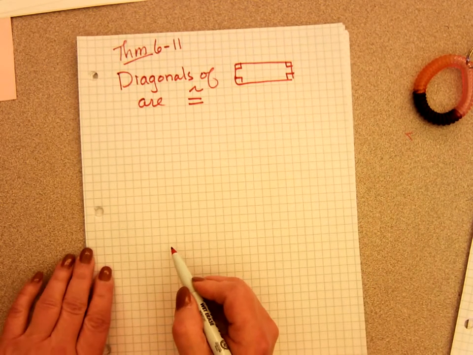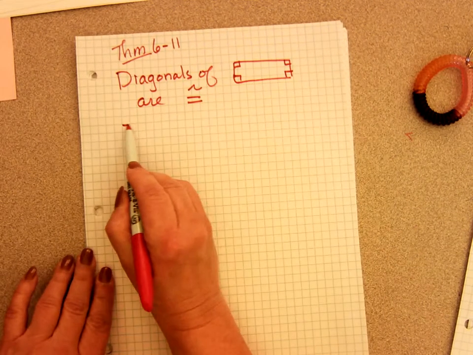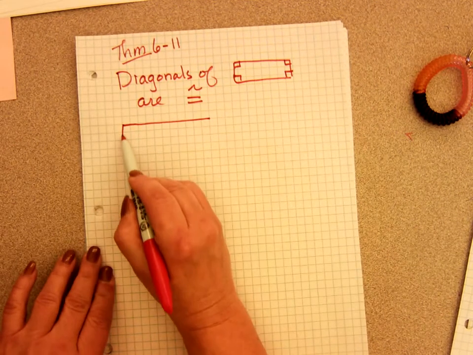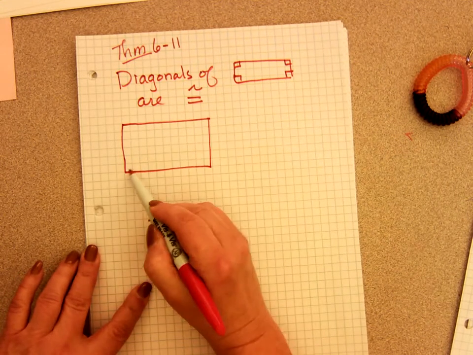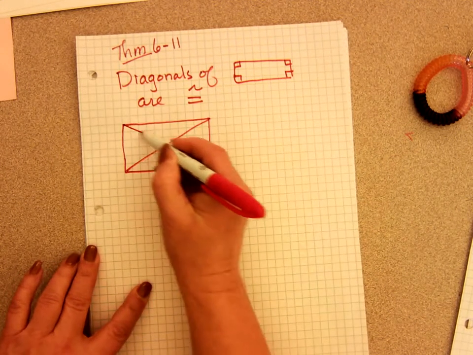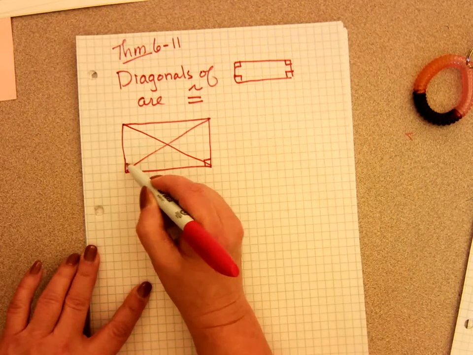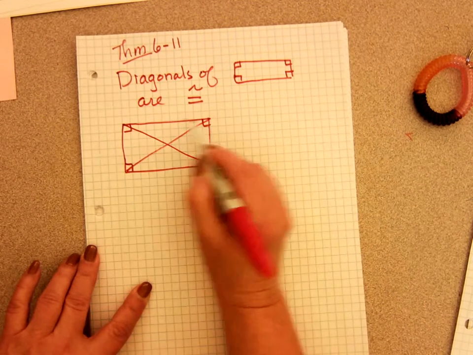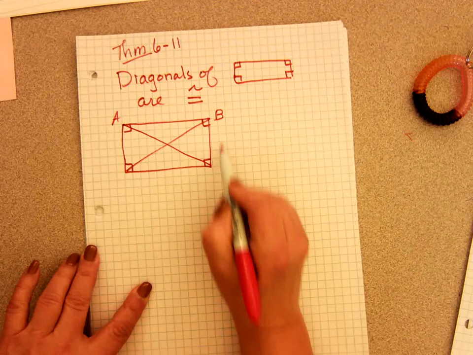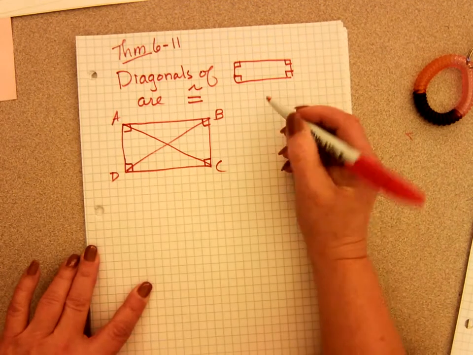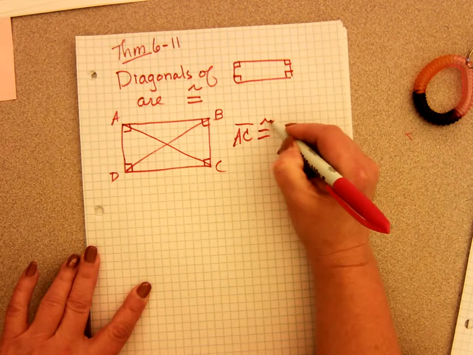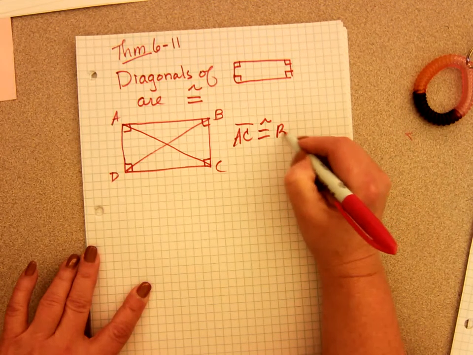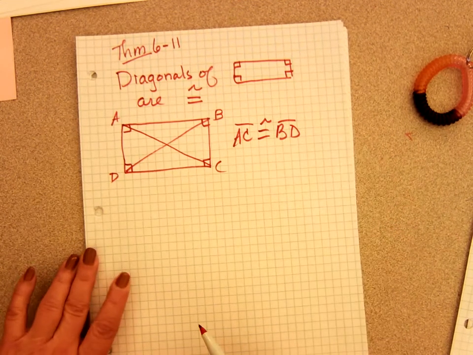Pretty simple. So that means that segment AC, which is a diagonal, is congruent to segment BD, which is also a diagonal.